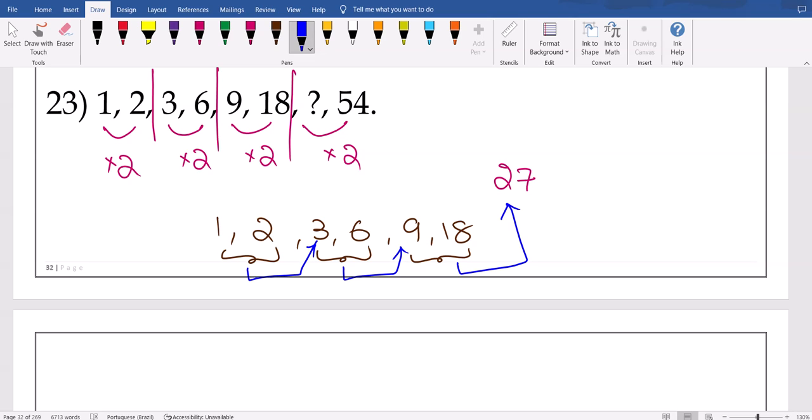This is the other logic. One is each pair is double, double. The other one is the previous two addition is next. 9 plus 18 is 27, 3 plus 6 is 9, 1 plus 2 is 3.